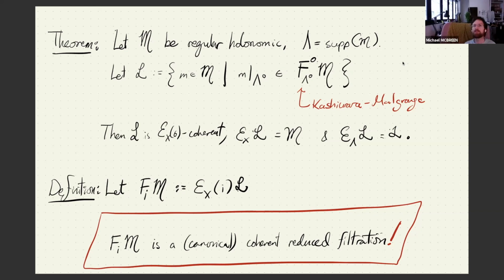You take its zeroth step, and then you glue those together along the singular parts. And the non-trivial theorem is that having done this, you get something which is E_X^0 coherent, and which generates your whole D module.